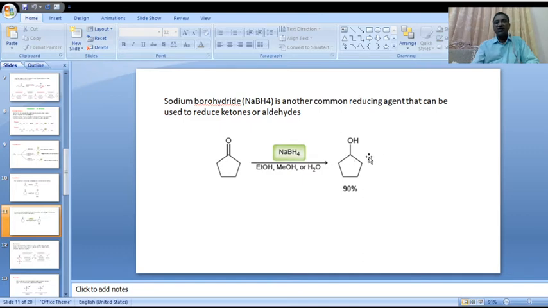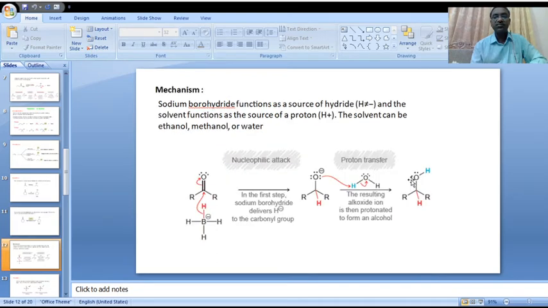This monohydric alcohol is also obtained in high yield, 90 percent of the product from this reaction. Is it clear, all of you?